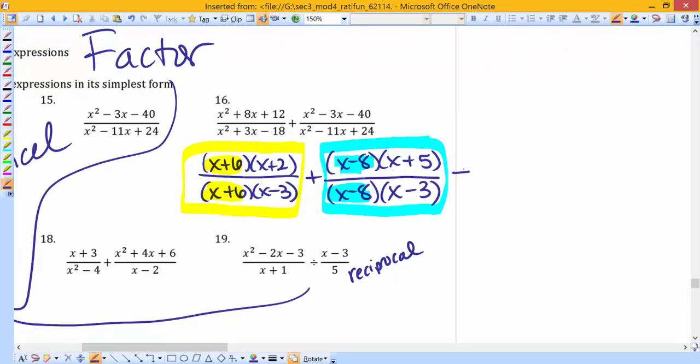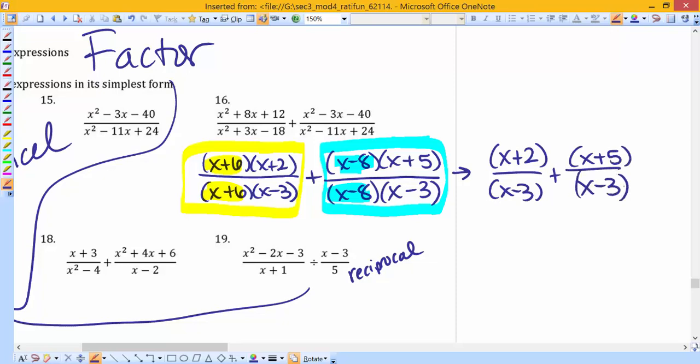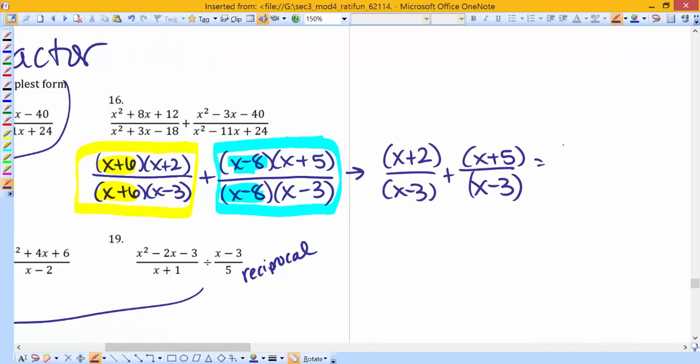So this now simplifies to x plus 2 over x minus 3, plus x plus 5 over x minus 3. Well, that was nice. They already have a common denominator, so now you just need to add the numerators. You get 2x plus 7 over x minus 3.